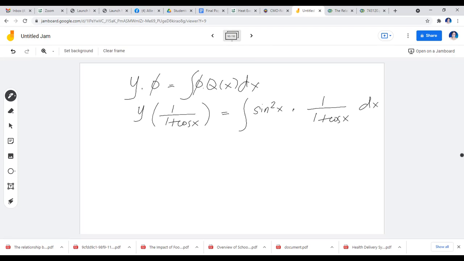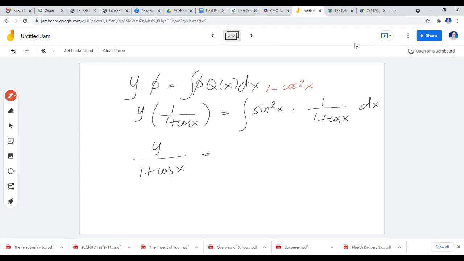Okay? So actually, the rest is your calculus because you cannot finish the solution of this DE unless you know your calculus. You can evaluate this particular integral after you have converted sine squared of x to its equivalent identity. So the equivalent identity of sine squared of x is 1 minus cosine squared of x.